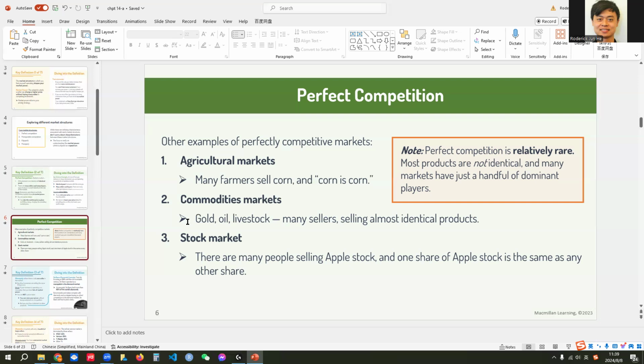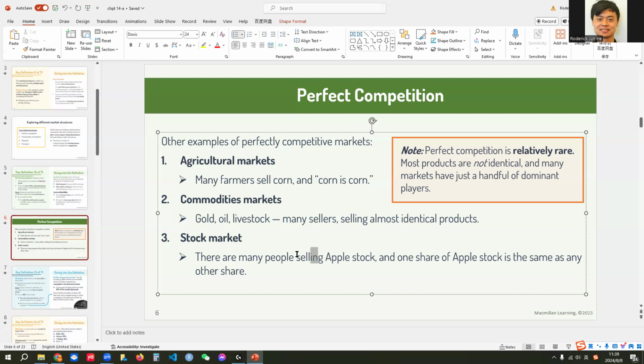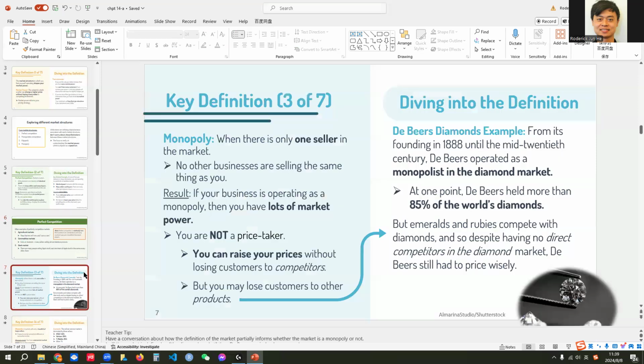It's all owned by other sellers, selling their second-hand stock, and you're buying from them. And you don't care too much about who sells this, which broker deals this. What you care about is the company that is associated with. So here it is talking about the broker, the people who are selling this, not the company. Okay, and that is perfectly competitive.